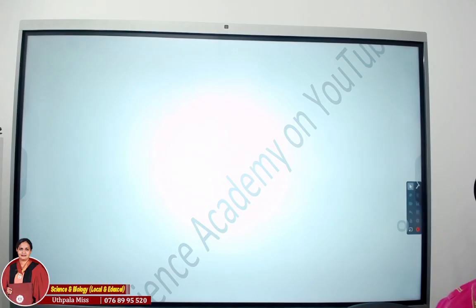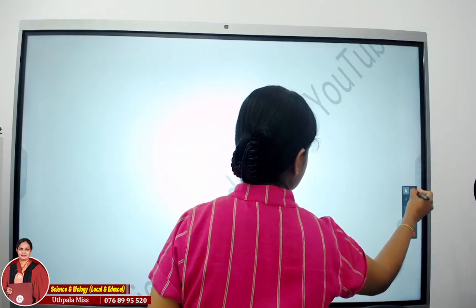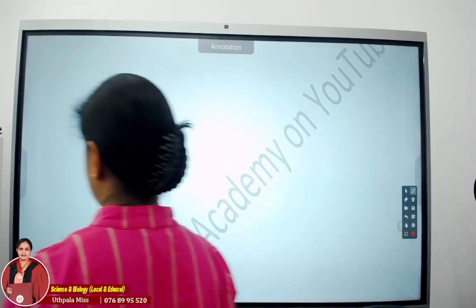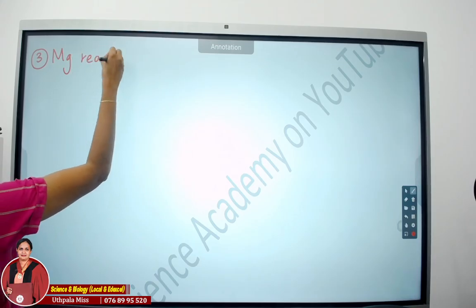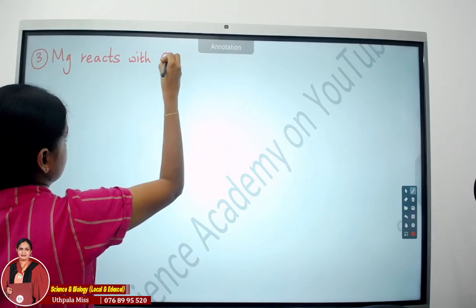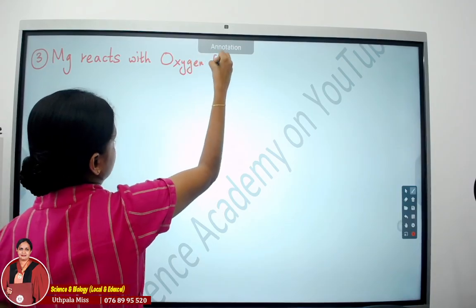Take a sheet of paper and put number 3. දැන් මම steps දෙන්නේ නෑ.